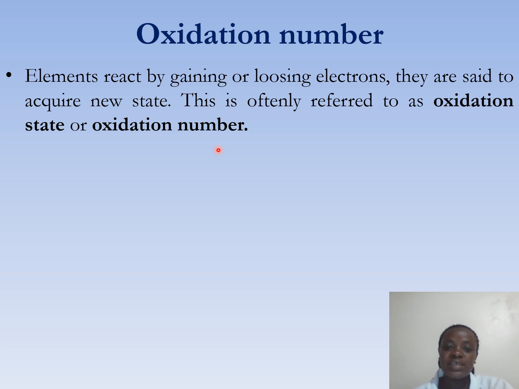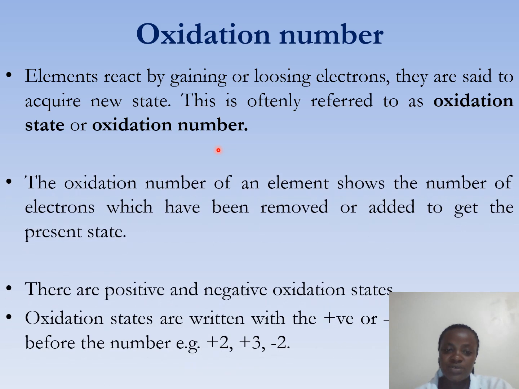So the oxidation state is the state gained by an element after losing or gaining electrons. The oxidation number of an element shows the number of electrons which have been removed or added to get the present state. So the number of electrons that an element loses or gains to get the present state is what we are calling the oxidation number.